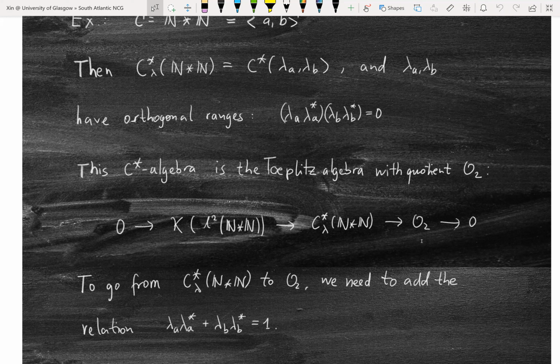Let me ask you a short question. If you have a small category, you can associate a ring by taking the direct sum of all the homs and defining the product, like the group ring or the monoid ring.